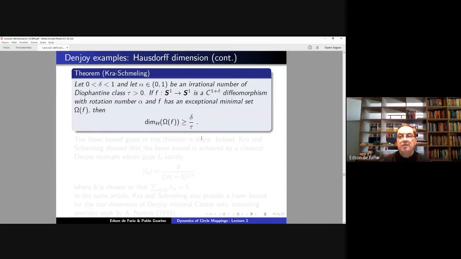If F is a C1 plus delta diffeomorphism, meaning the logarithm of the derivative of F is Hölder continuous of exponent delta, and F has this irrational rotation number alpha and an exceptional minimal set, then the Hausdorff dimension of this exceptional minimal set, this Cantor set, must be greater than or equal to delta divided by tau.